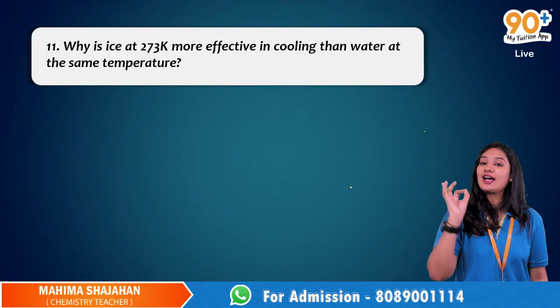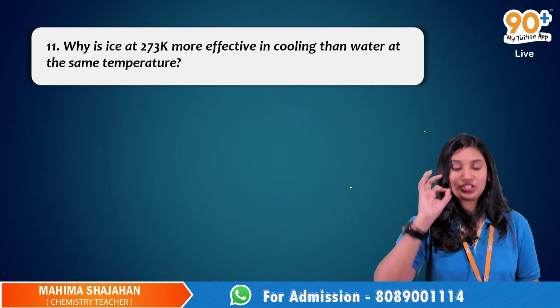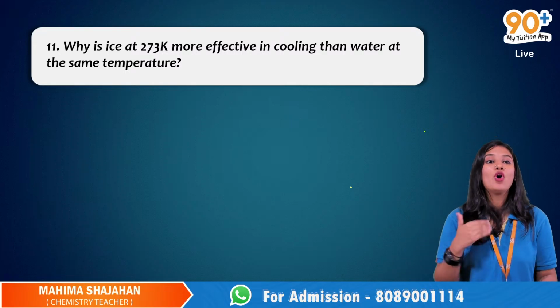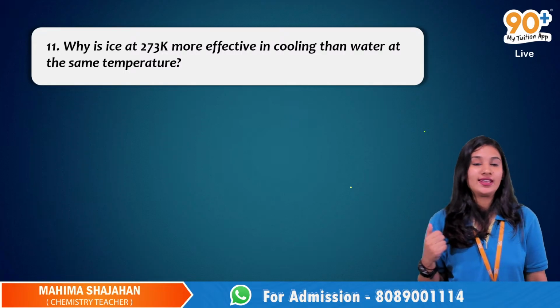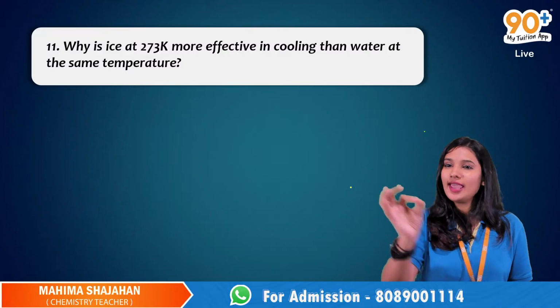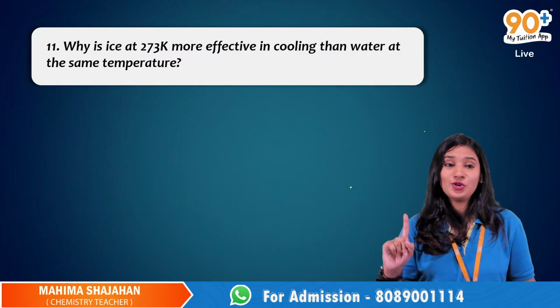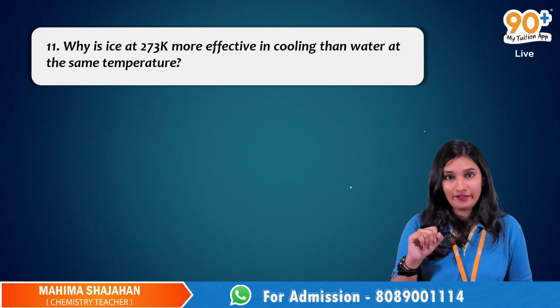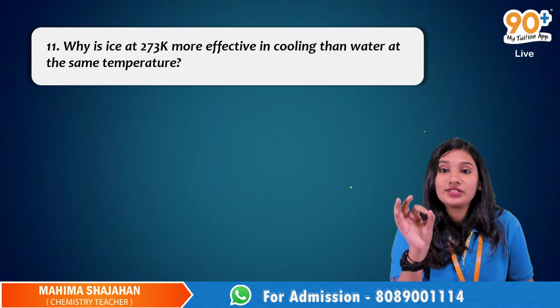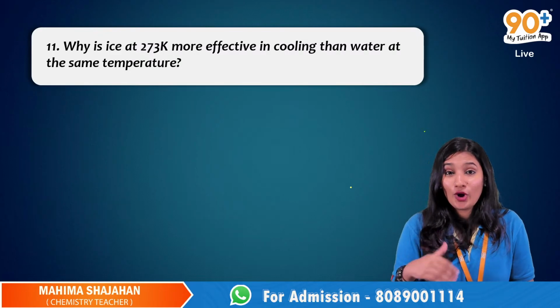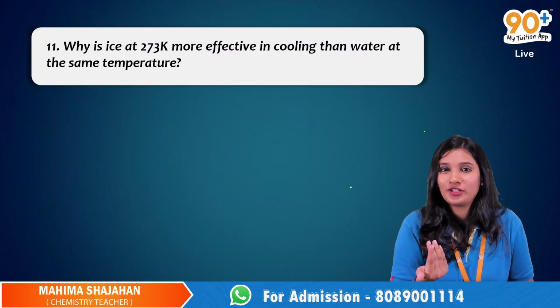Why is ice at 273 Kelvin more effective in cooling than water at the same temperature? നമ്മൾ പറഞ്ഞു at 273 Kelvin or 0 degrees Celsius, what will be the physical state of water?